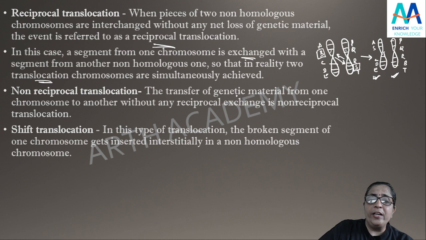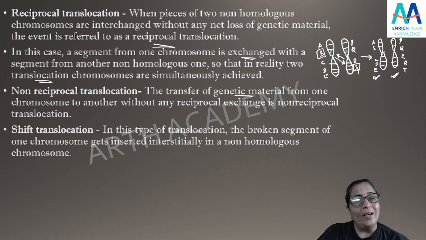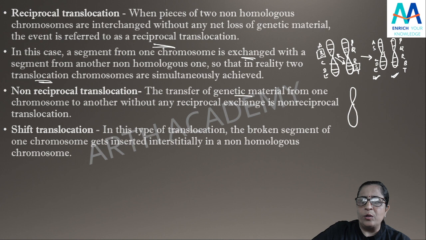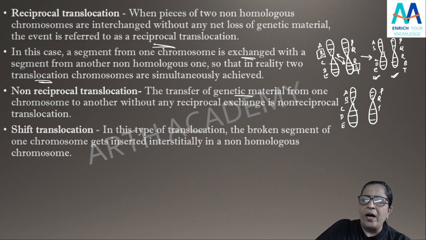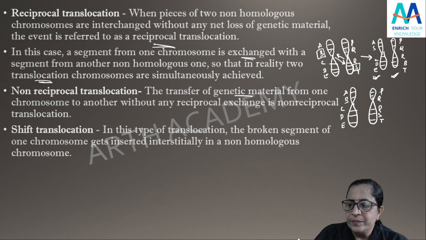The transfer of genetic material from one chromosome to another without any reciprocal exchange. That means यदि मैं बताती हूँ, suppose this is A, B, C, D, E and again this is P, Q, R, S, T. In this case, if there is a translocation and if I say this AB is translocated, ये AB translocate हो रहा है, तो क्या हो जाएगा यहाँ पर?